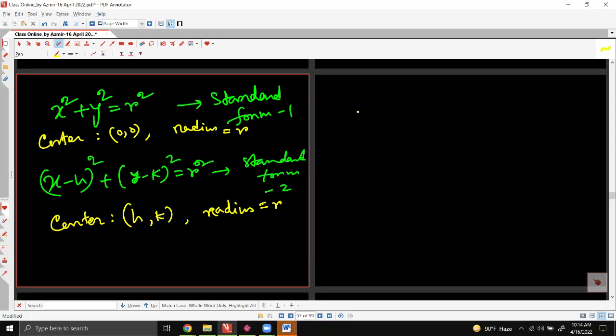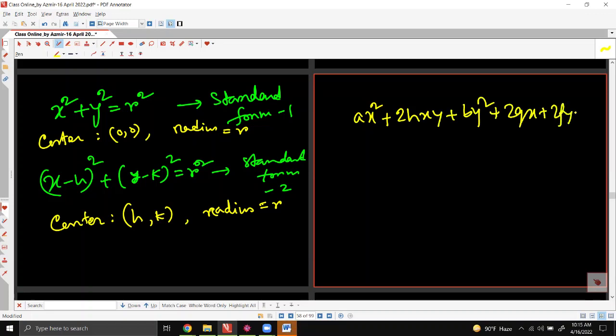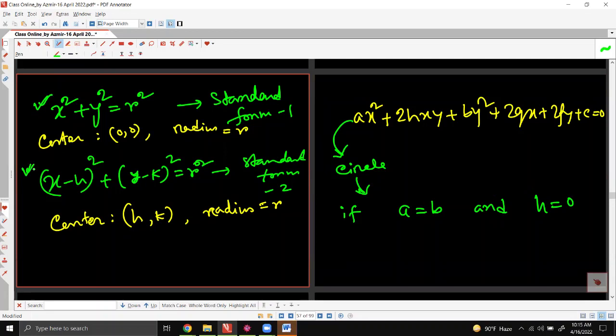So if we recall the general equation of second degree, ax squared plus 2hxy plus by squared plus 2gx plus 2fy plus c equals 0, this equation will represent a circle if a equals b and h equals 0. Then you will get an equation of a circle, either this one or this one.